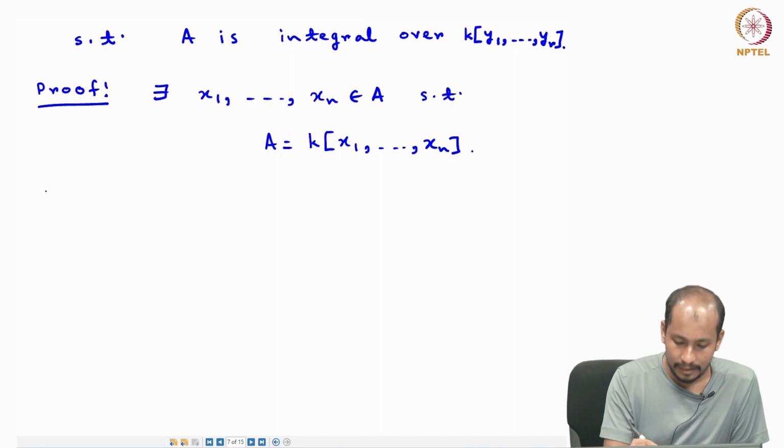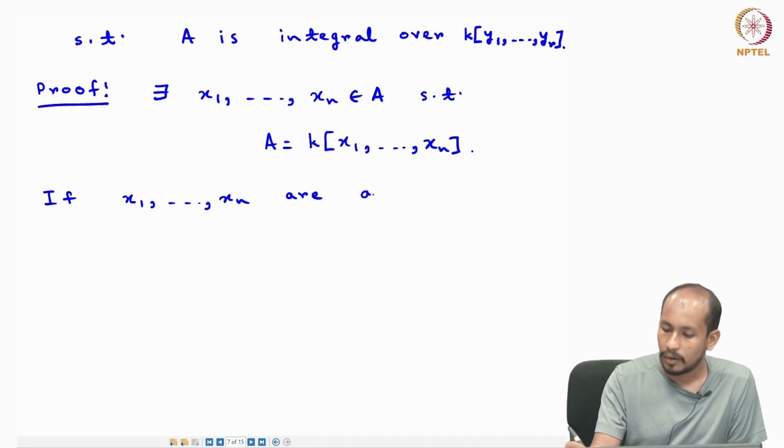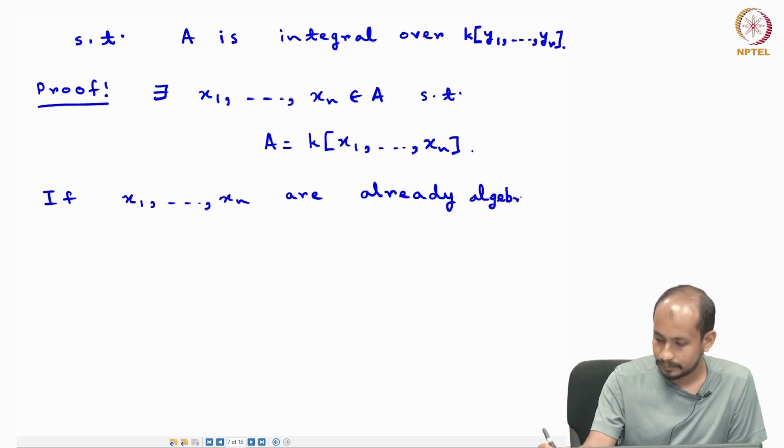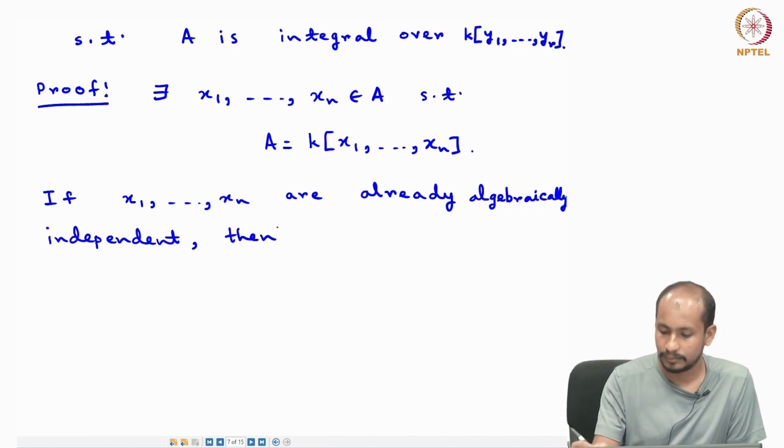Now, if these elements x1 up to xn are already algebraically independent, then we have nothing to prove.